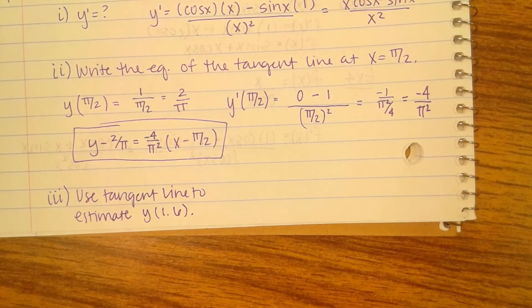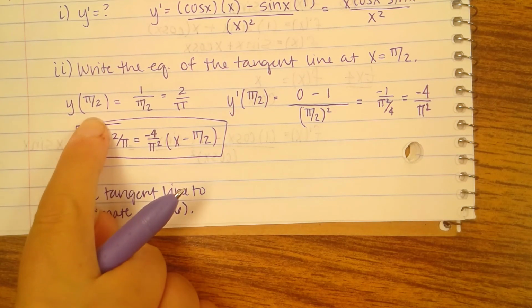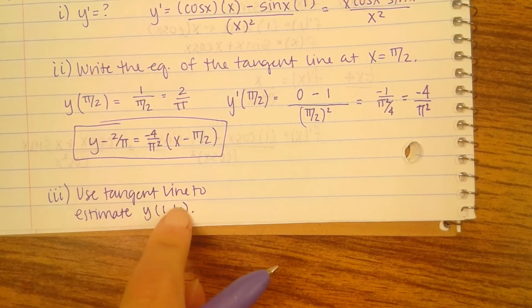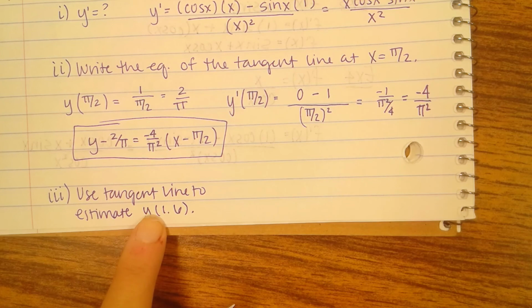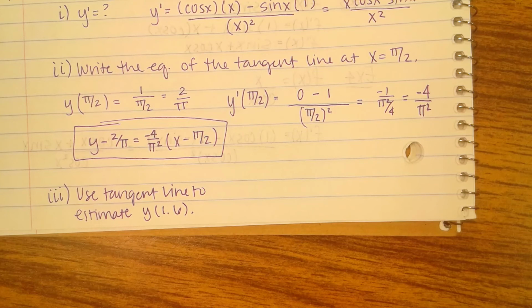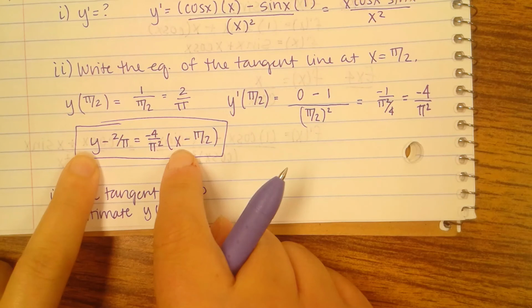Now we're using our tangent line to estimate the value y of 1.6 because pi over 2, the point that we wrote our tangent line around, is about 1.57, so 1.6 is really close to that, which means that our tangent line might be a really good estimate. We kind of centered it around this value. All this is really saying is take this linear function that we dealt with, which is a little bit tricky, a little bit ugly, and evaluate this function, find y when x is 1.6.